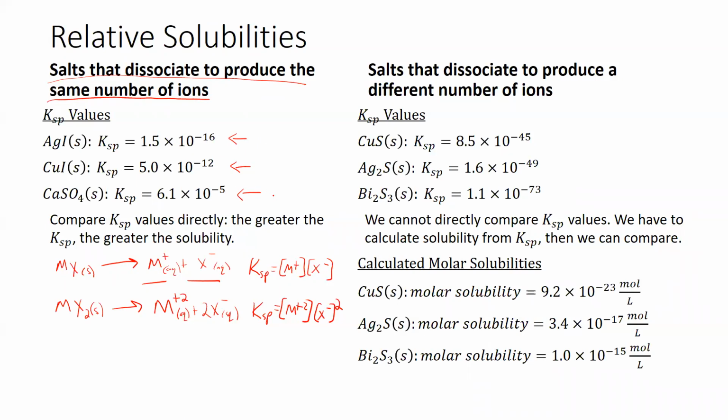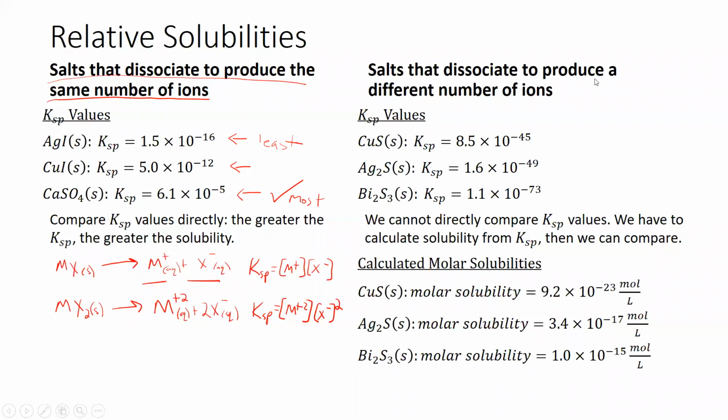So the most soluble would be the calcium sulfate. The least soluble would be the silver iodide, the smallest KSP, okay? So that's a key for us with our comparisons.